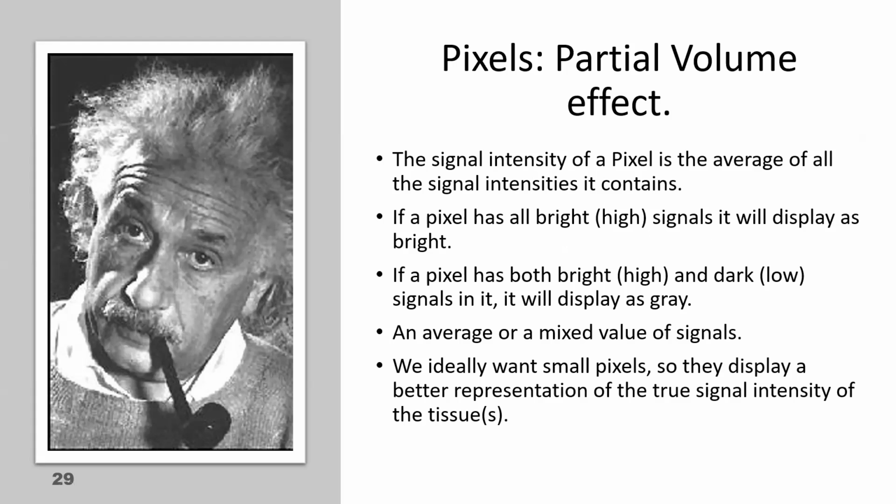It might have some lows, but it's mostly got high signals, so it's a bright pixel. If the pixel has both high and low signal intensity, that pixel is going to be gray. It's not going to be bright. It's not going to be dark. It's going to be somewhere in the middle. So basically, partial volume is an average of all the signal intensities in that pixel.